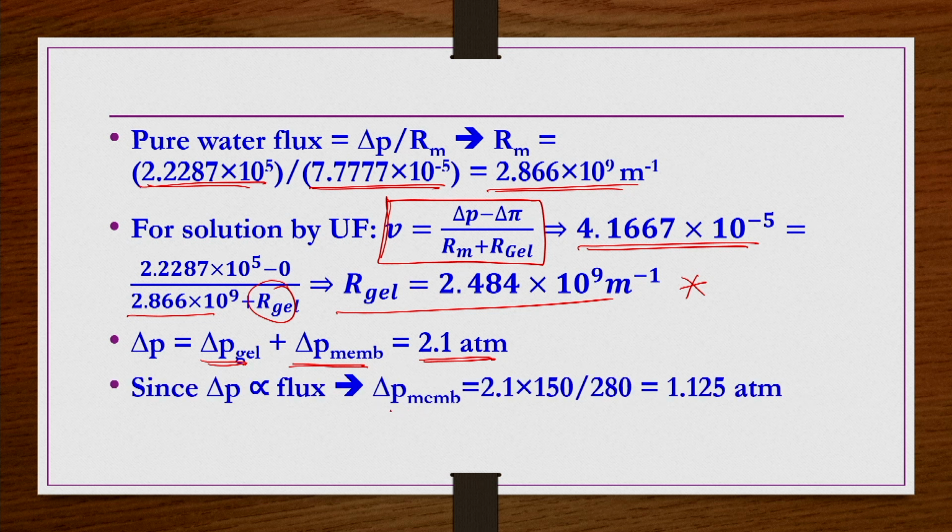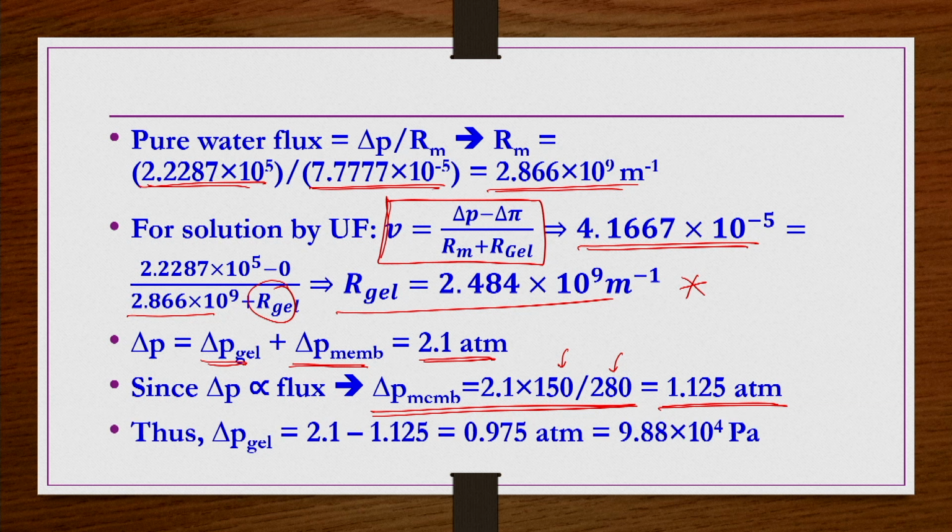So, delta P membrane you can find as 2.1 into 150 by 280, 150 is the permeate flux, 280 is the pure water flux. So, from here delta P membrane you will get 1.125 atmosphere. Then delta P gel you can get as 2.1 minus 1.125, so that is 0.975 atmosphere, which is 9.88 into 10 power 4 Pascals, right.